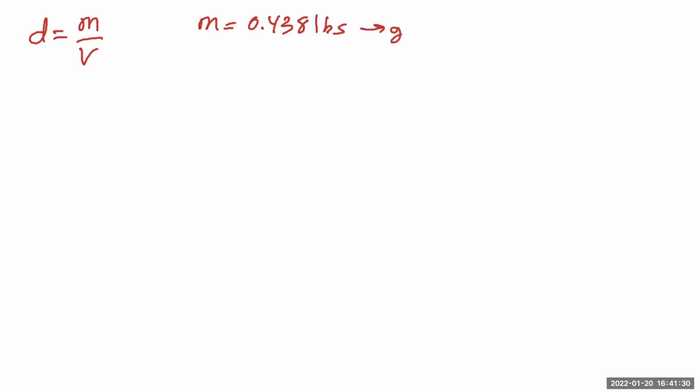And the volume: we put the arrowhead in the graduated cylinder and the total volume rises to 52.35. We started off with 50.00. That equals 2.35 milliliters. We don't need the 28.5 degrees centigrade. That makes no difference.